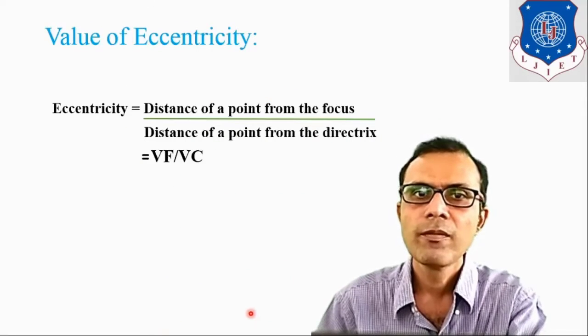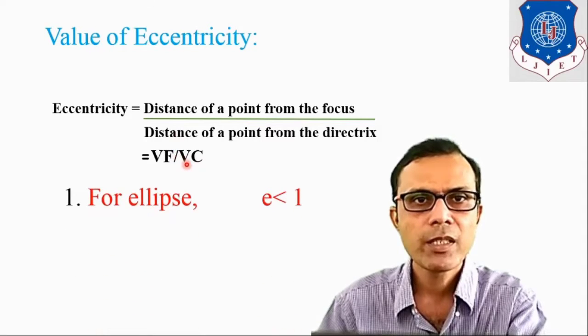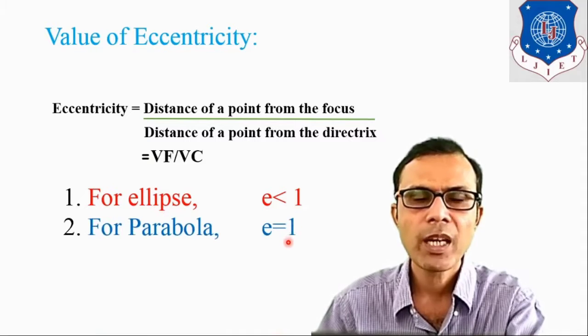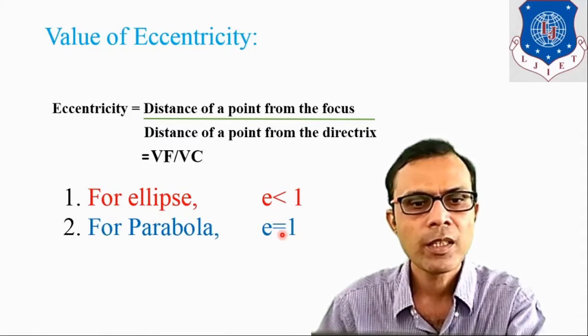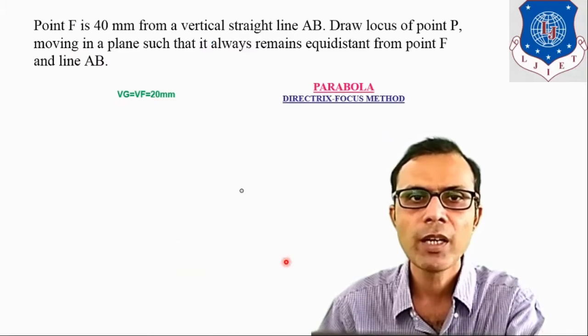So mathematically E is equal to VF by VC: for the ellipse the value is always less than 1, for the parabola the eccentricity is equal to 1, and for the hyperbola it is greater than 1.